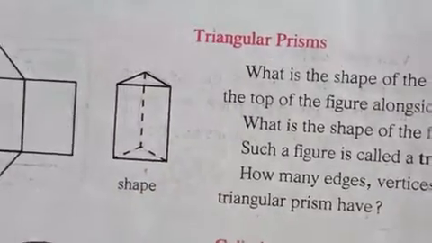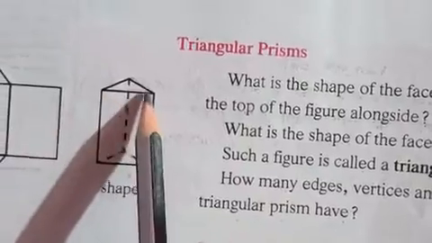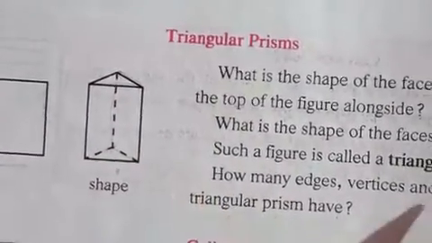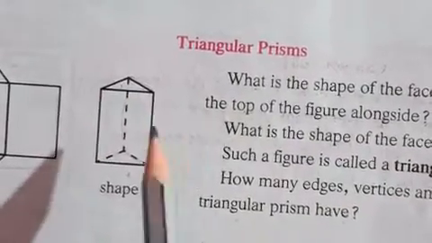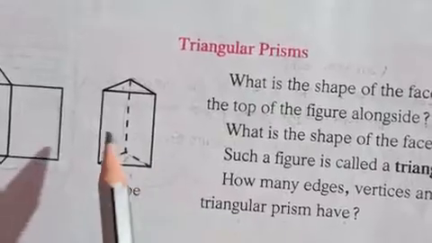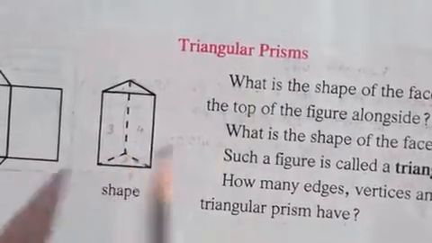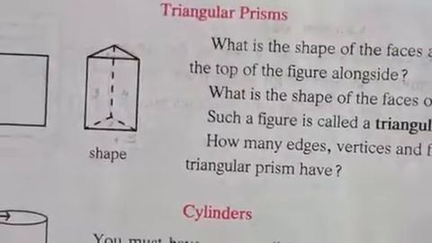So 9 edges. Vertices: 1, 2, 3, 4, 5, 6 vertices. And faces: 1, 2, 3, 4 and from above it is 5. So 5 faces.